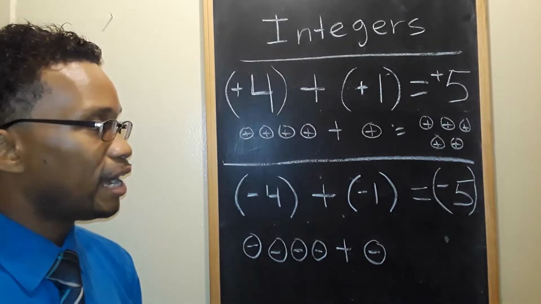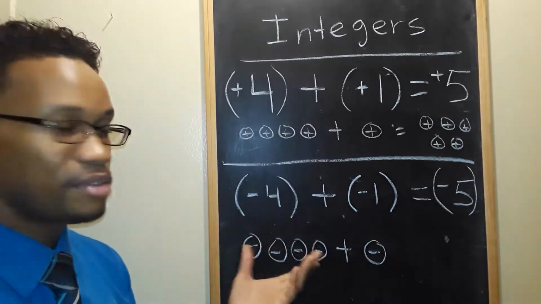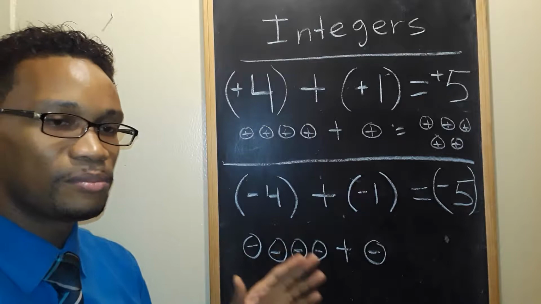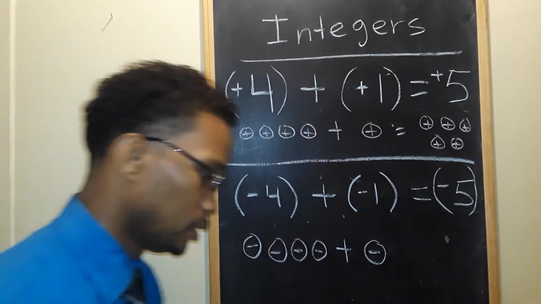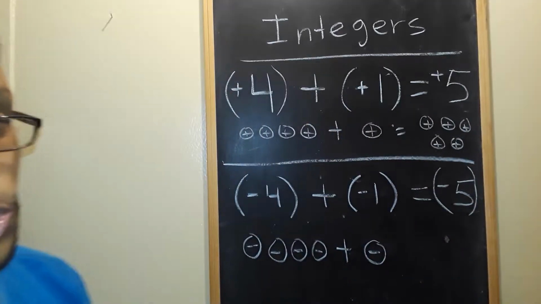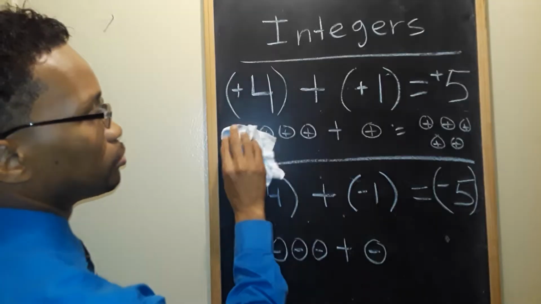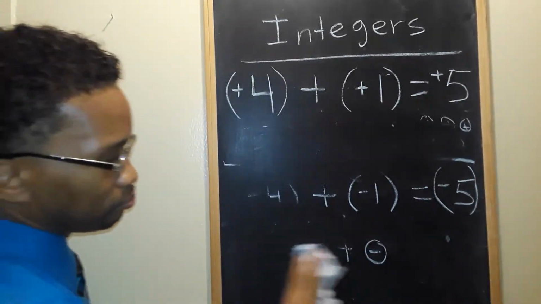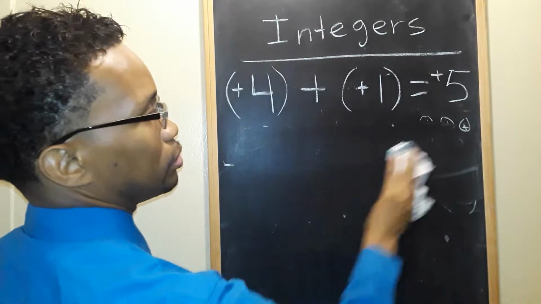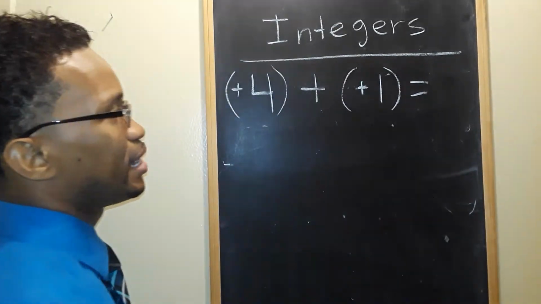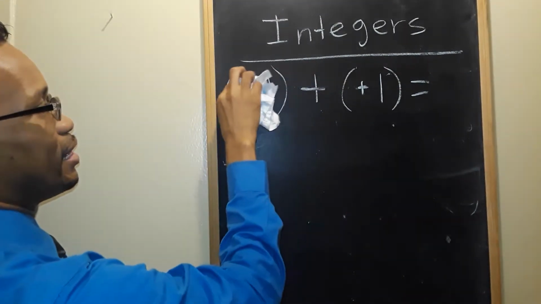Okay? Now we're going to use these same 2 numbers, but we're going to give each of them a different sign, so we can better understand this. So I'm going to raise the bottom. And instead, I'm going to give it a negative 4, and we're going to keep the positive 1.